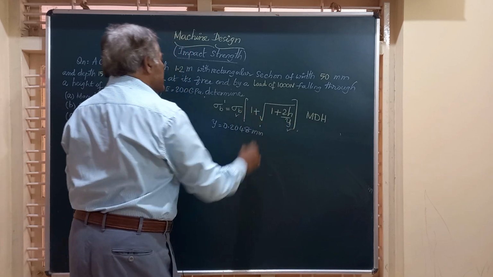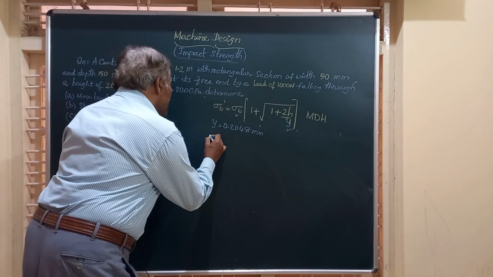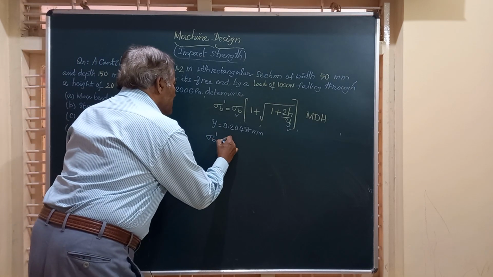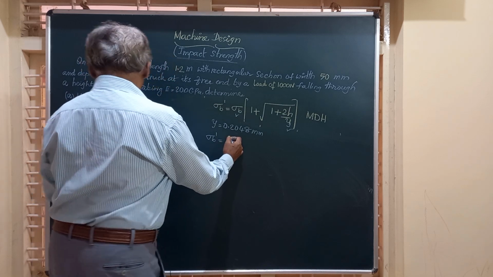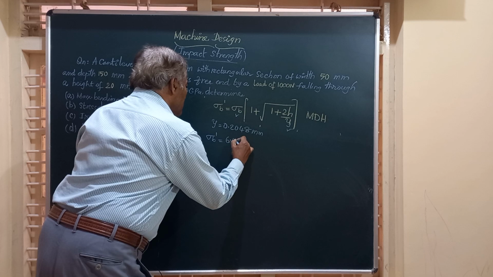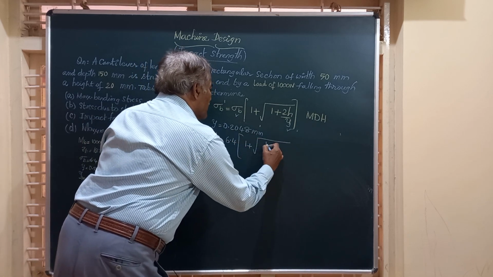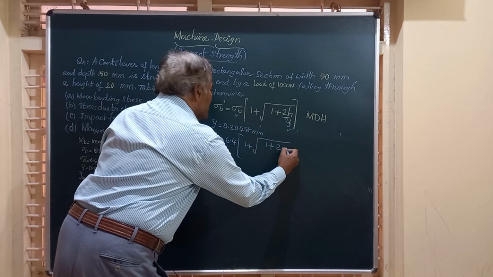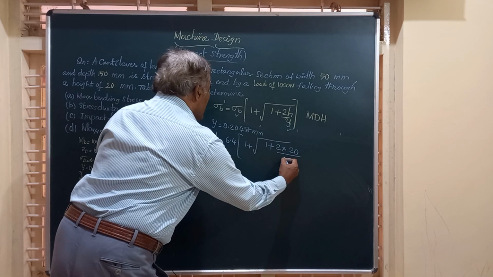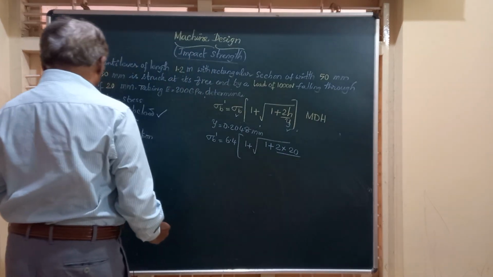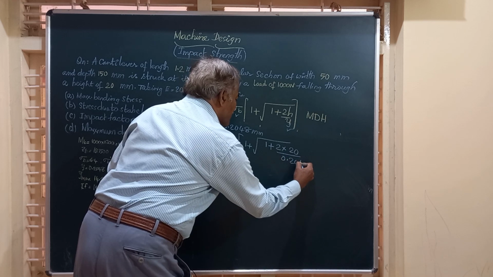Friends, we know the value of y. We have calculated sigma b, and if you substitute in the formula, you will get sigma b dash, the maximum bending stress. The value of sigma b is 6.4 multiplied by 1 plus square root of 1 plus 2 times h, where h is 20 mm, the height of fall, divided by the y value you have calculated as 0.2048.